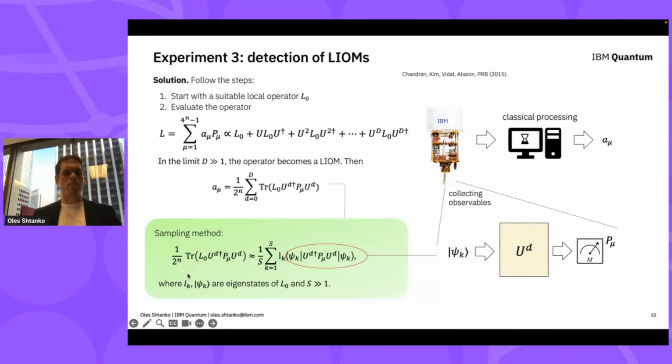So what we do, we decompose our operator L0 using its eigenstates and eigenvalues and just sample from them. So we represent the full sum by some representative number of states. And now we can sample the states using a quantum computer. We can start the system with state psi k, evolve it with these cycles, measure Pauli P mu, and then sum them to express the coefficients.